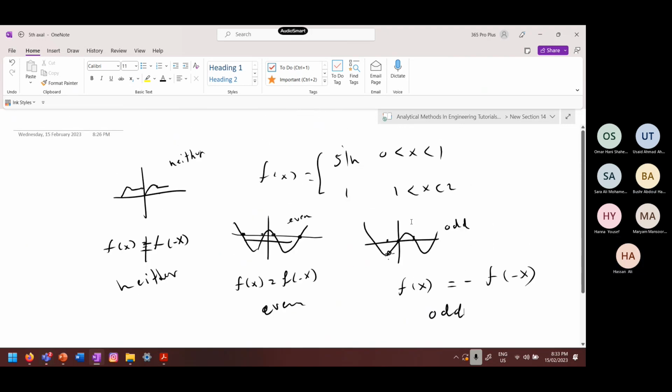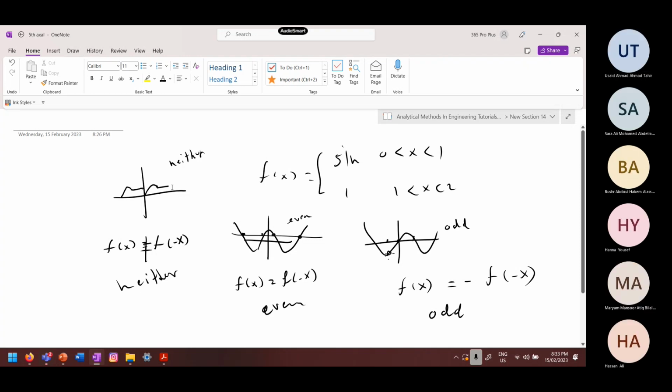Wait, Beshr. Yes. For the first one, for neither? Yeah, for the neither. Shouldn't it be that when you substitute any value for x, let's say 1 and -1, wouldn't it give you the same value? See, this one here is given in a conceptual way. If you want to actually evaluate it, it will be tedious for you.